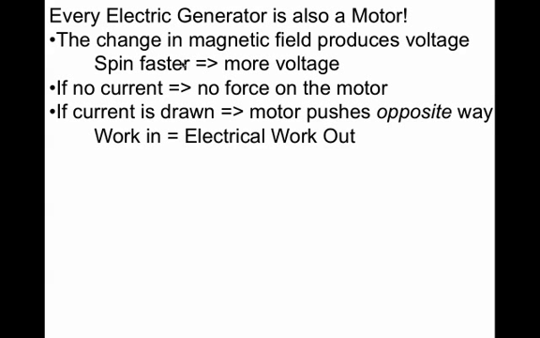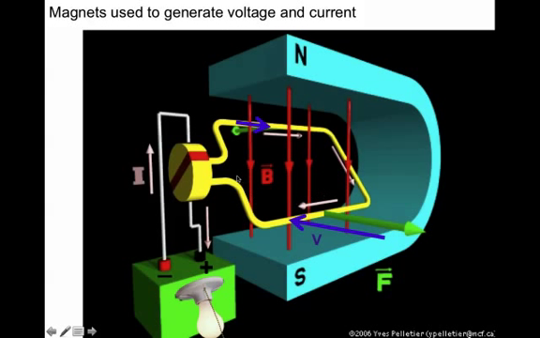The change in magnetic field produces voltage. The faster you spin, the more voltage you get. If there's no current, then you don't need to put any force on the motor. If current is drawn, the generator itself acts like a motor. So if we let current flow through here, this becomes an electromagnet, and it puts a torque on this, pushing it backwards against us.